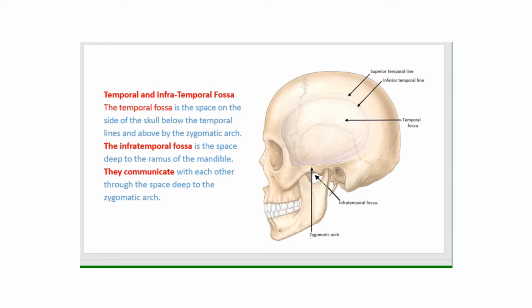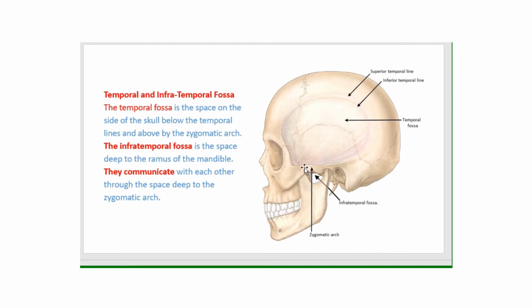We will describe the temporal and infratemporal fossa. The temporal fossa is the space on the side of the skull below the temporal lines. Here are the temporal lines, superior and inferior temporal lines, and above the zygomatic arch.